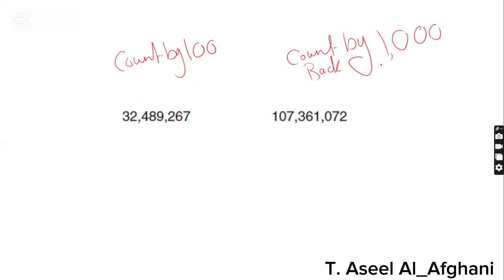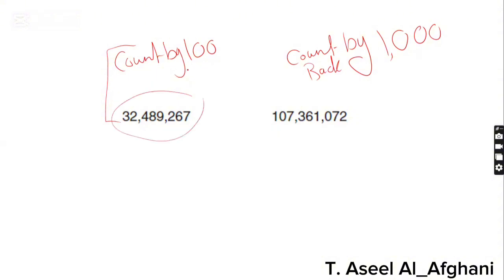First of all, counting by 100 means I'm gonna add 100. So let's add 100 to this number. So we add 100 each time. So we take this number and we add 100 and we discover.